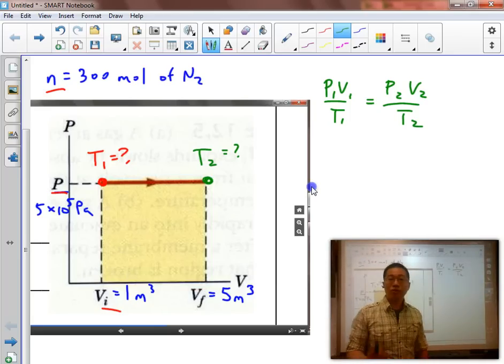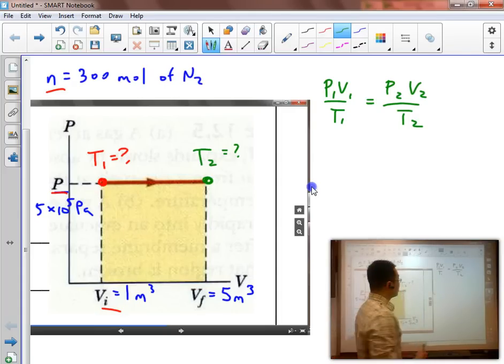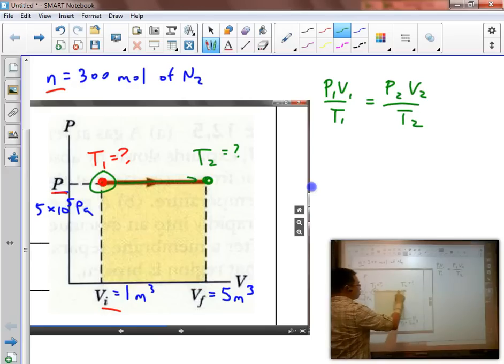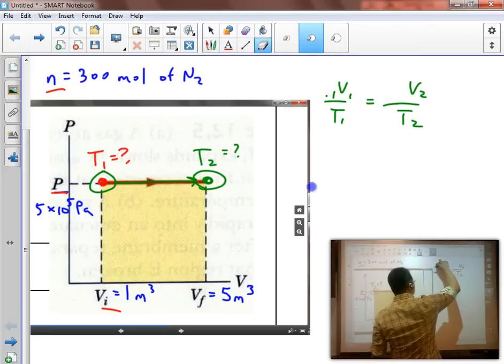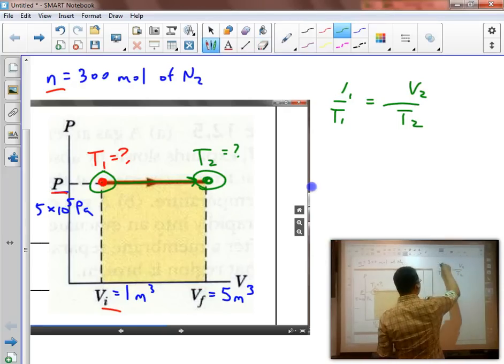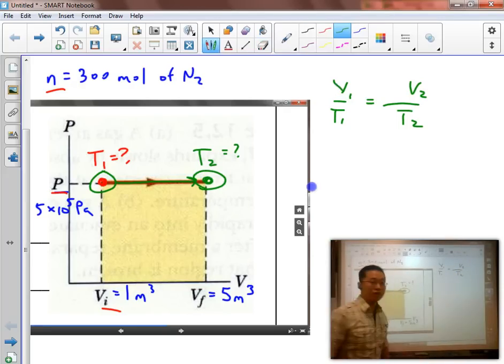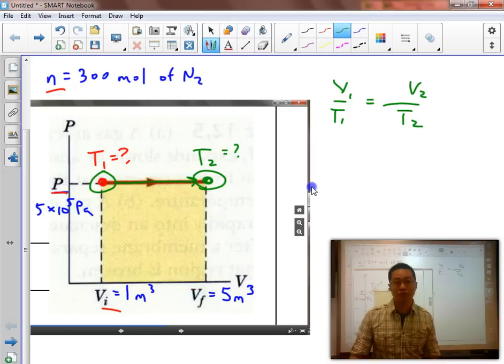And we can use this to calculate what the new temperature is automatically. You see, we know that from the initial location to the second location, pressure does not change. So technically, that can be taken out of the equation. So you're really just left with V1 over T1 equals V2 over T2.